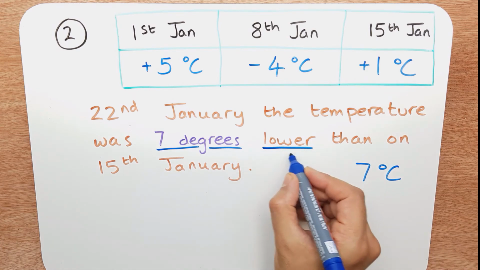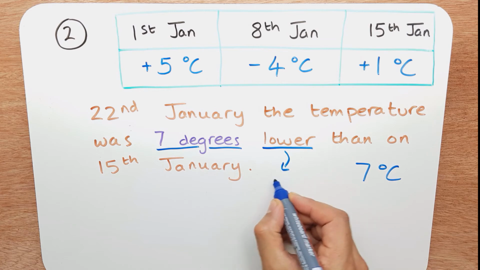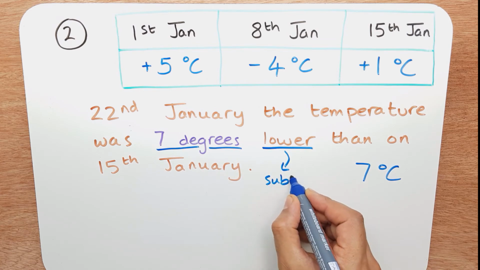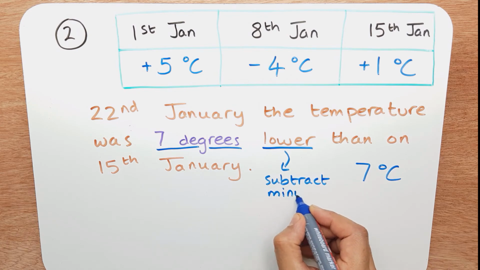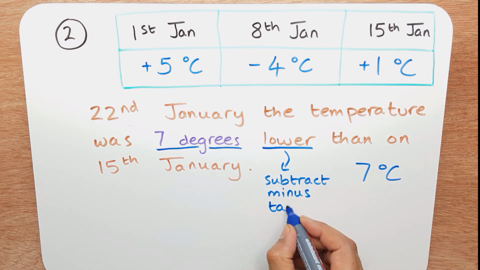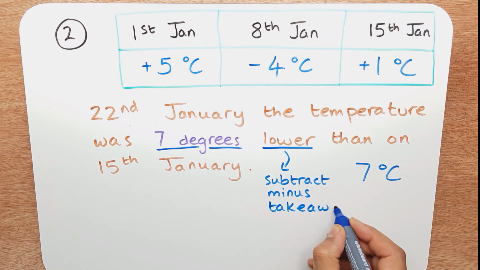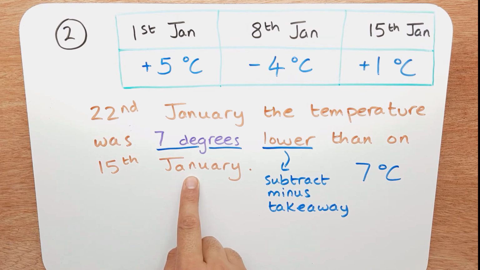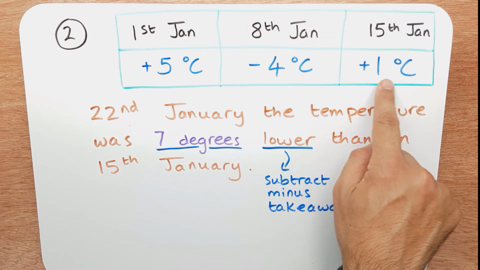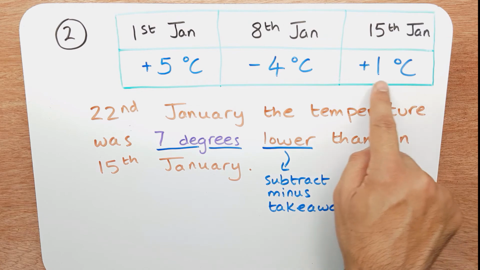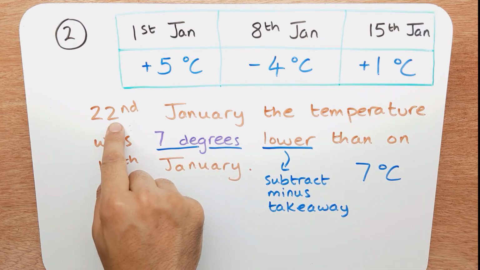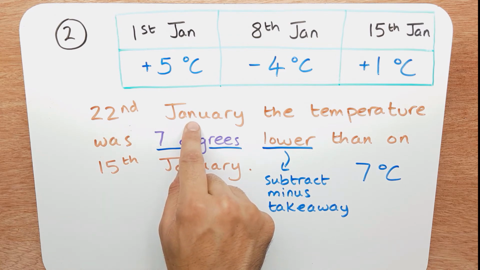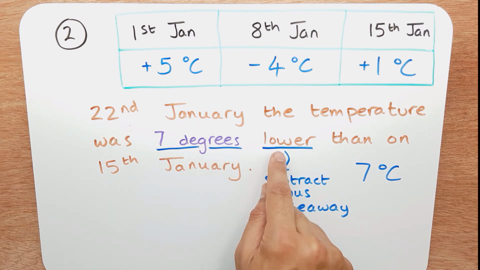And lower just means we have to subtract, or minus, or take away. So on the 15th of January, the temperature was a positive 1 degree Celsius.